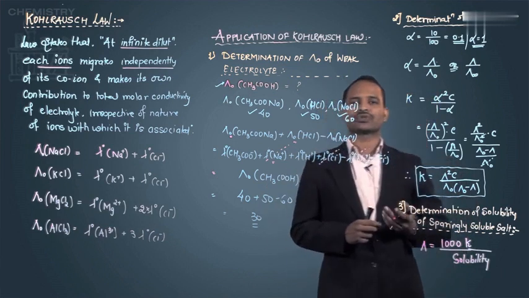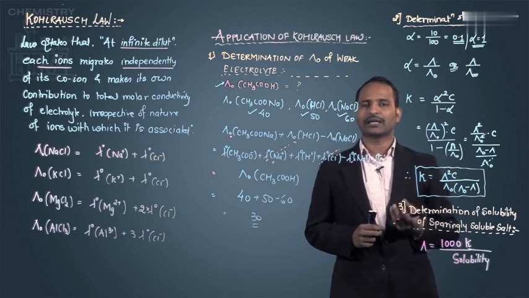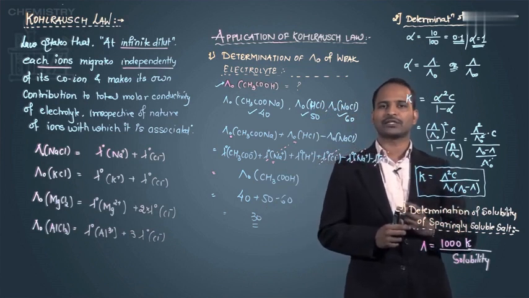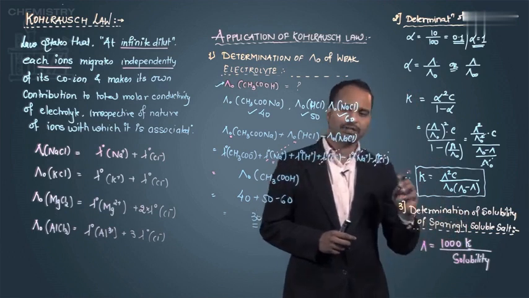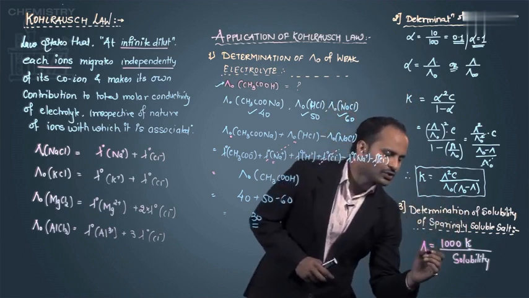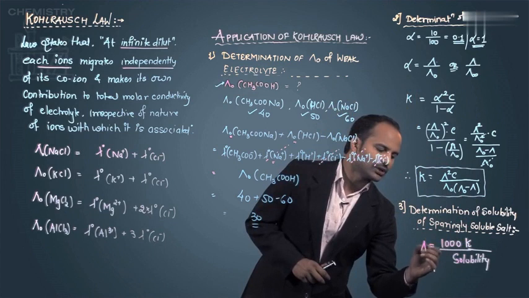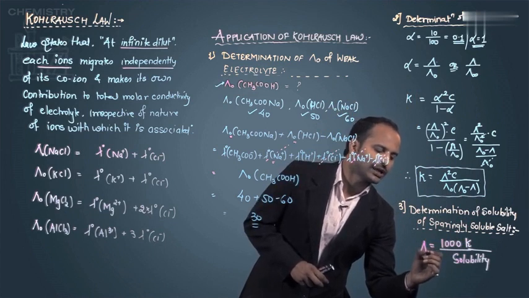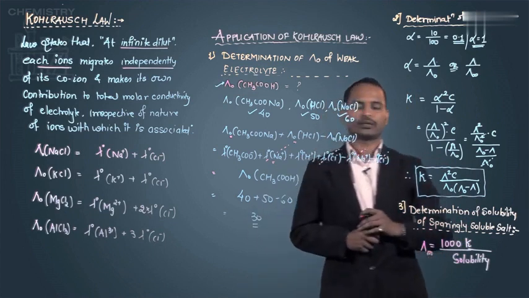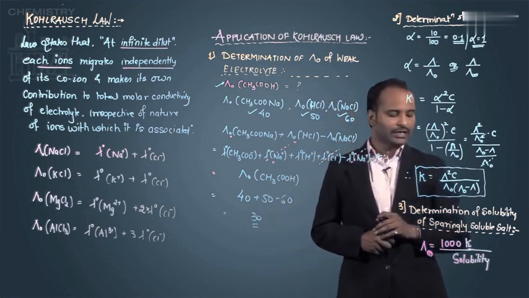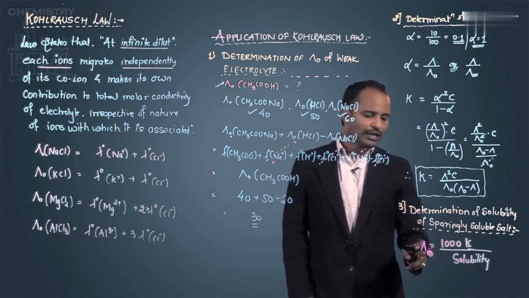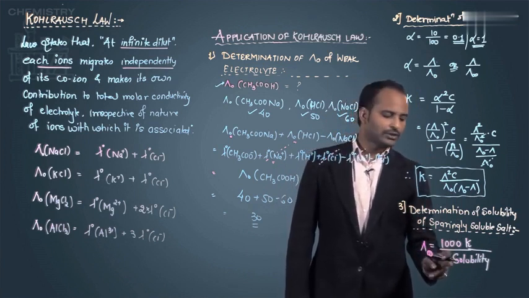And when the solution contains a sparingly soluble salt, that solution is called an infinite dilution solution. And infinite dilution means the lambda value will be represented by lambda naught, that is molar conductivity at infinite dilution. So if you know the lambda naught value, then you can easily calculate the solubility.